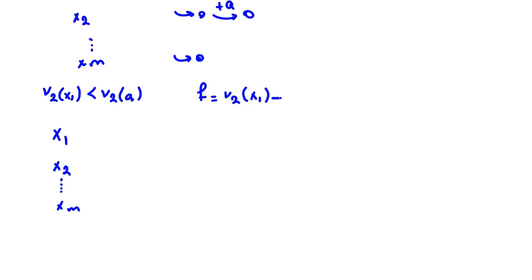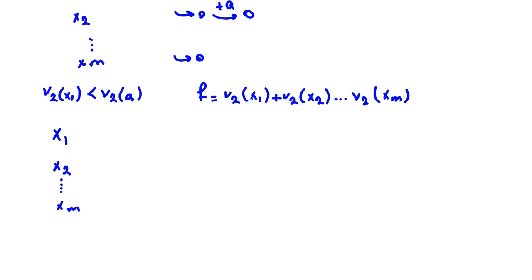We know v2 of x1 is less than v2 of a. Suppose the numbers are x1, x2 to xm. I define a function f. Defining a function is very useful in many problems, also in BMO, UK, USA, IMO. I define this function as v2 of x1 plus v2 of x2 up to v2 of xm.